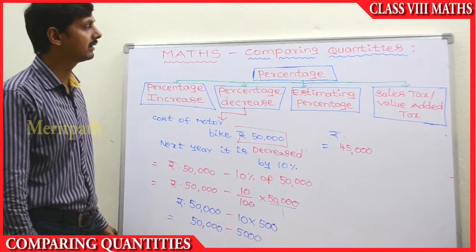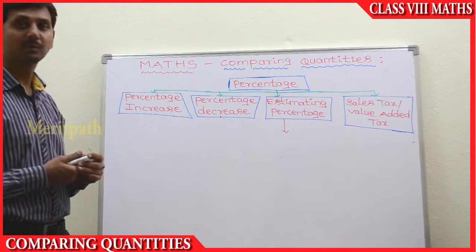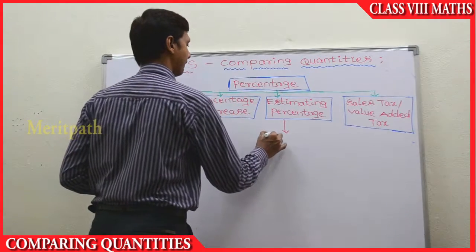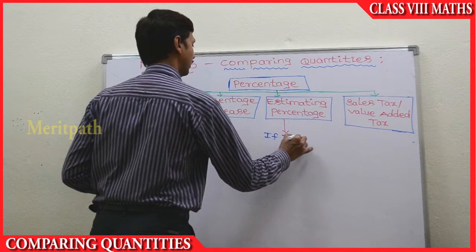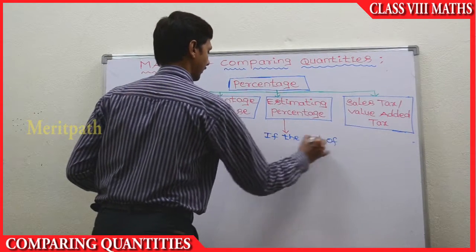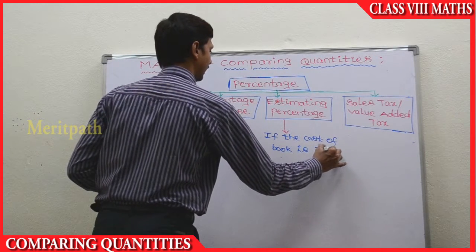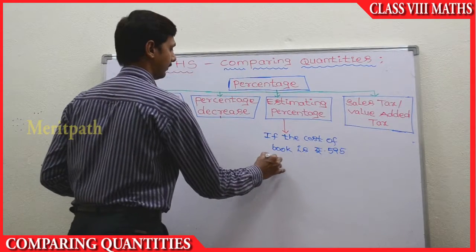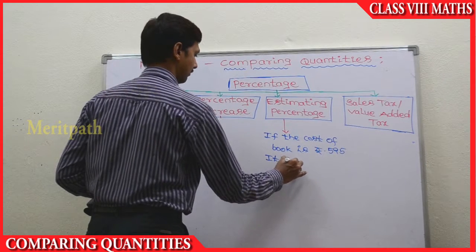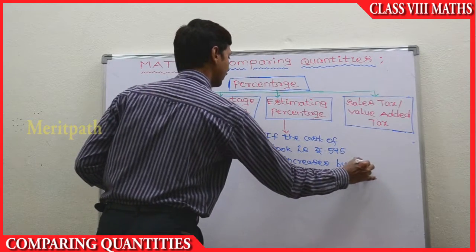Let's go to the next concept, estimating the percentage. Let's take an example. The cost of a book is 595 rupees and it increases by 15%.